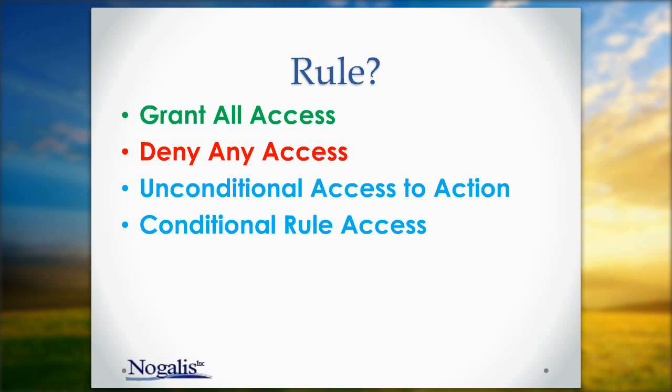There's also conditional rule access, which means I can determine a set of criteria for whether or not you as a user have access to a screen or a record or a subset of a screen. This last one is the most powerful one because it can allow you to determine when, in a specific condition, a user gets access to a screen.